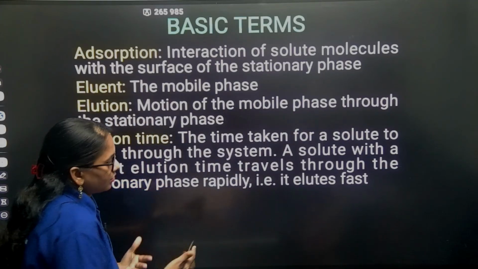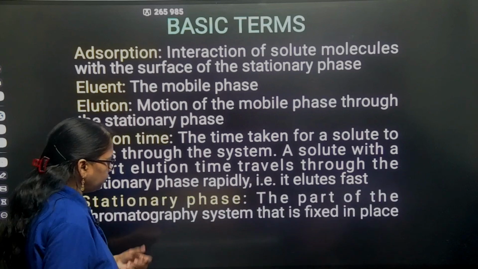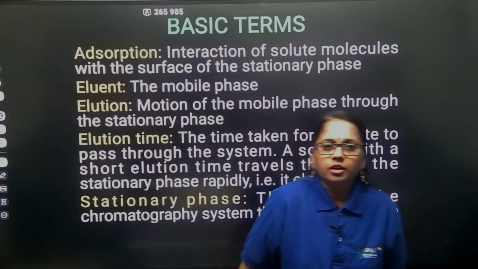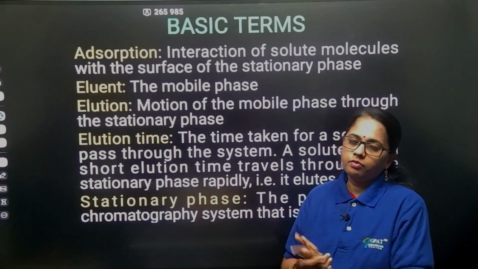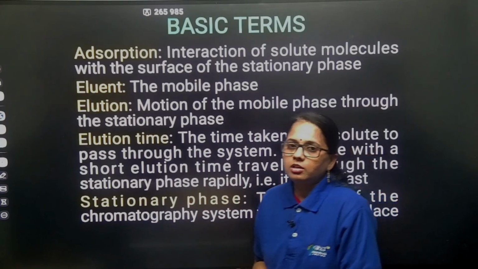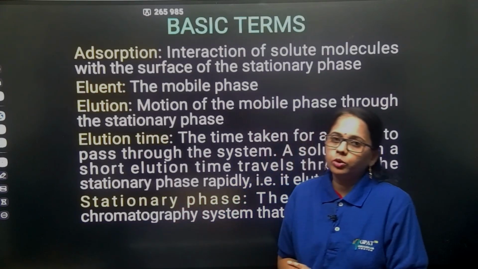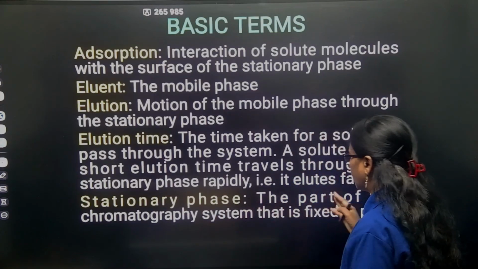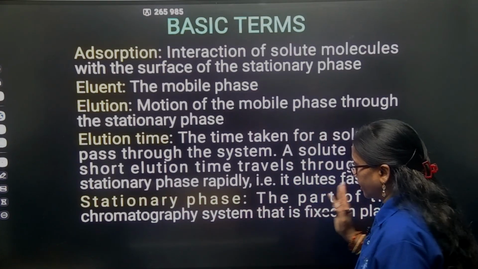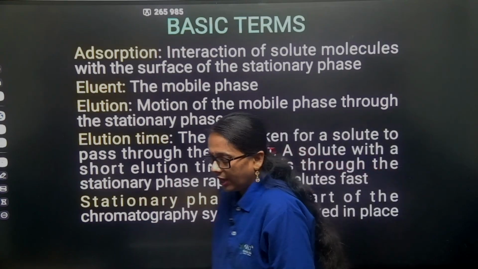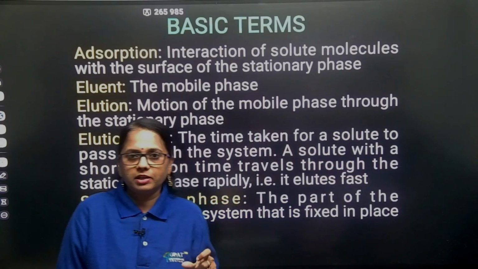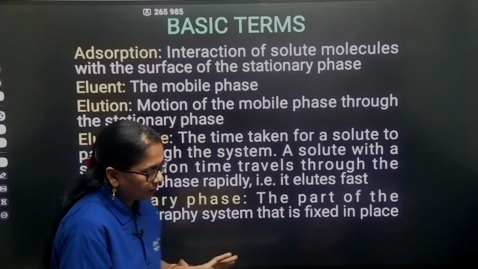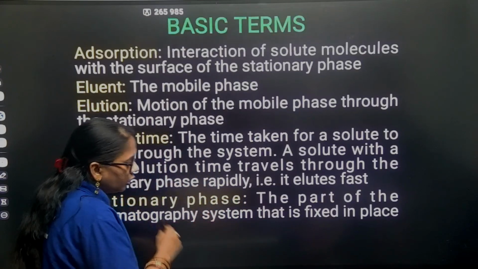Next term, the stationary phase, which we have already seen, is whether it is a solid phase or a liquid coated on the supporting medium. The stationary phase is the part of the chromatography system that is fixed in one place. That means it is not moving, it is just fixed in one place, stationary, okay.